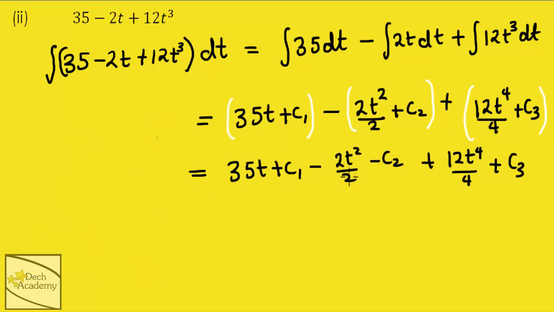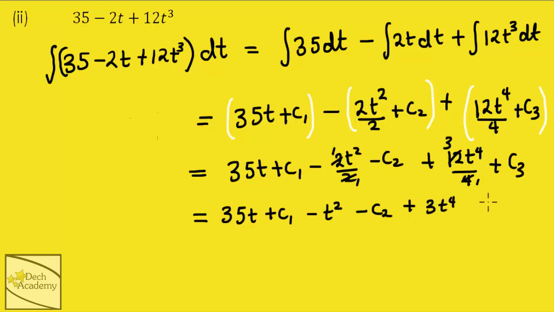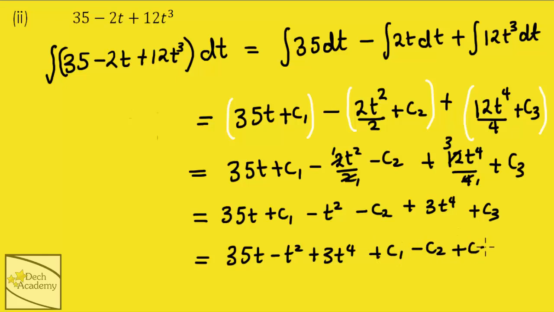So this term can be simplified because 2 in 2 is 1, 4 in 4 is 1, 4 in 12 is 3. So what we have is 35t plus c1 minus t squared minus c2 plus 3t to the 4 plus c3. Grouping like terms gives 35t minus t squared plus 3t to the 4 plus c1 minus c2 plus c3.